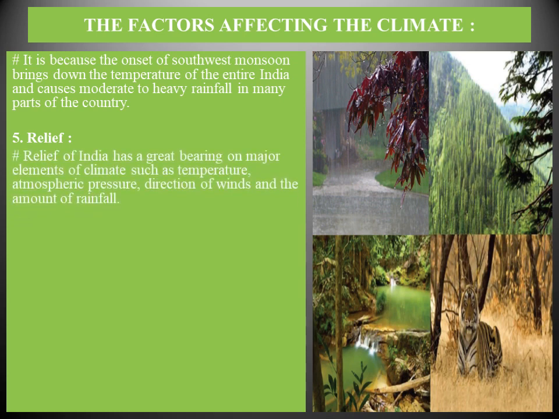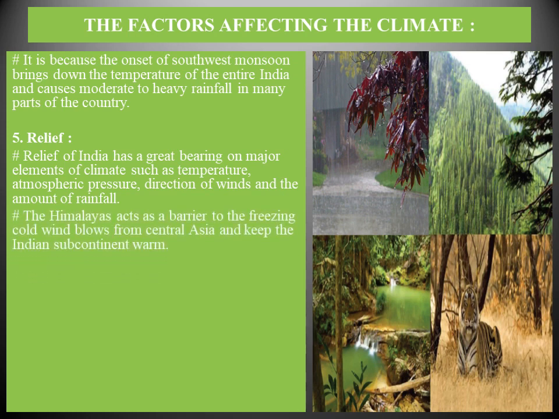The relief of India has a great bearing on major elements of climate such as temperature, atmospheric pressure, direction of winds and the amount of rainfall. The Himalaya acts as a barrier to the freezing cold wind that blows from Central Asia and keeps the Indian subcontinent warm. As such, North India experiences a tropical climate even during winter.